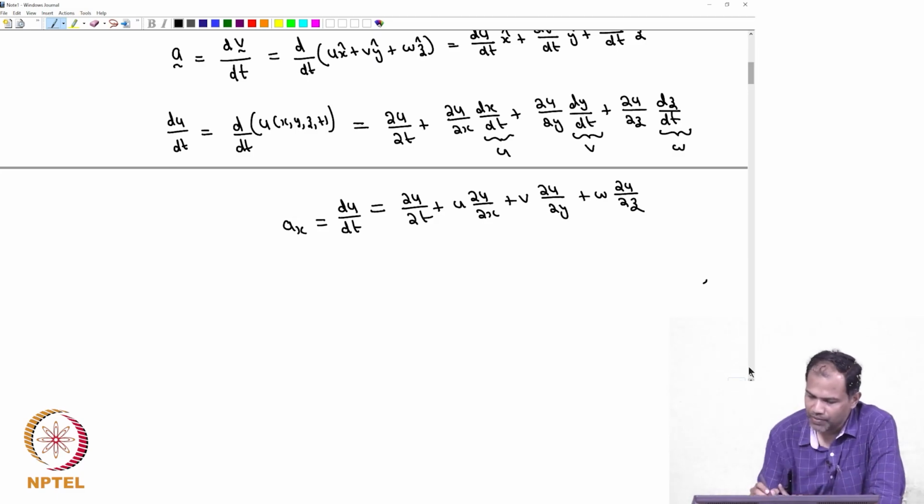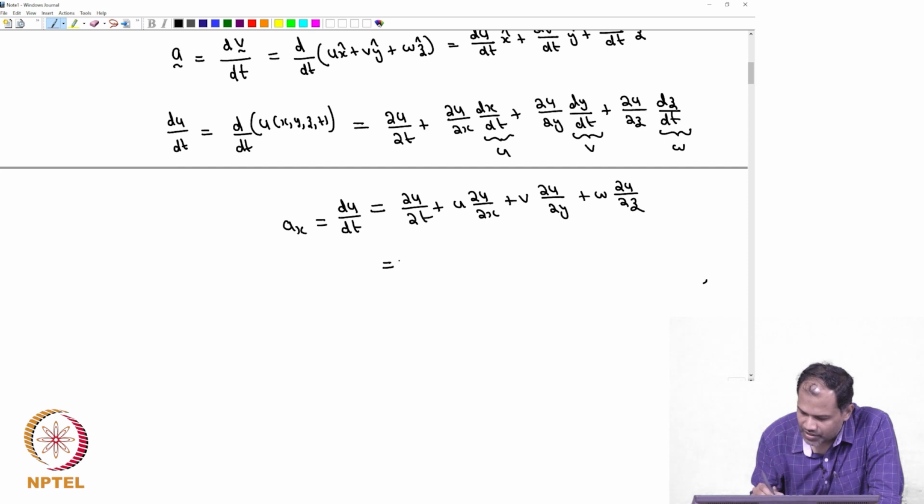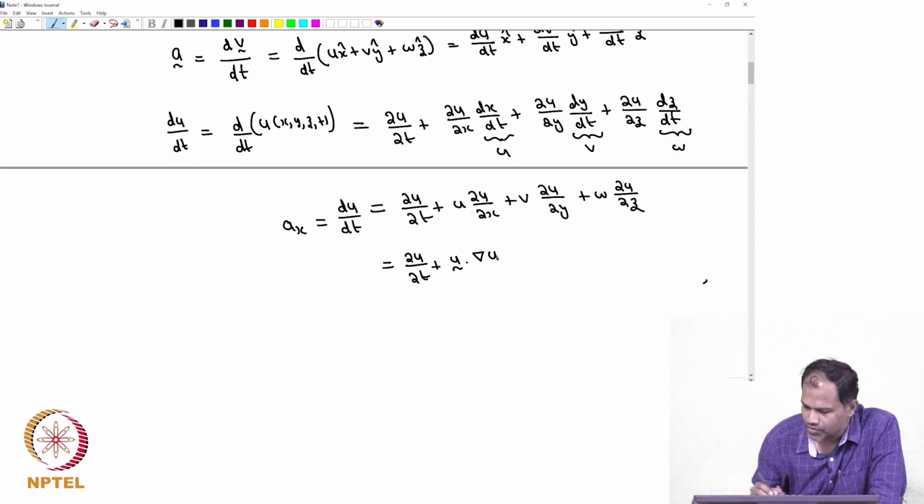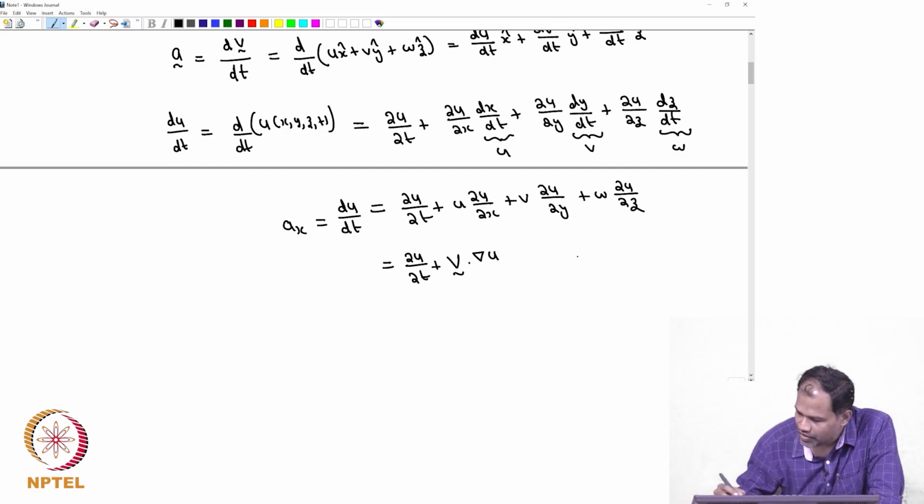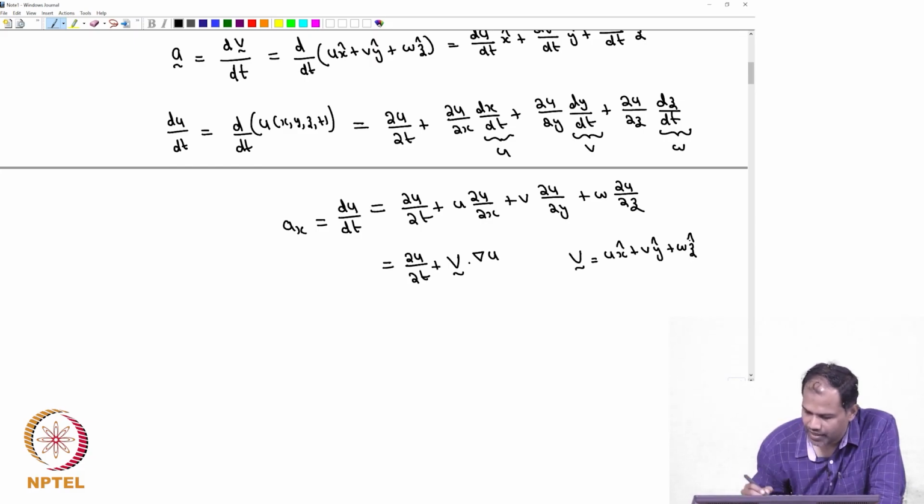This can be simplified further. This can actually be written as dou u by dou t plus v dot grad u. Remember our v, we had defined as u x cap plus v y cap plus w z cap.